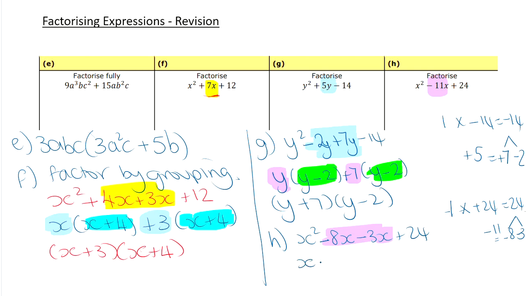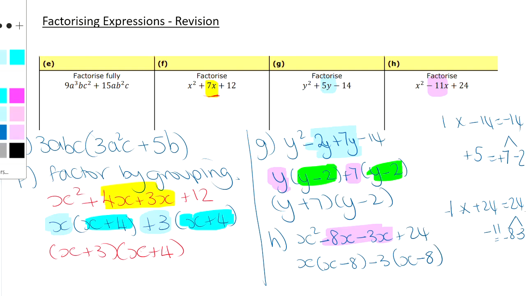So x, and then I'll have x minus 8. If I take the minus 3 outside, I'll have x, and then minus 3 times minus 8 will be positive 24. So the terms inside are the same, which is what we want.